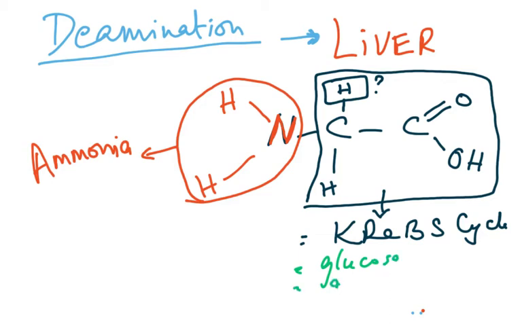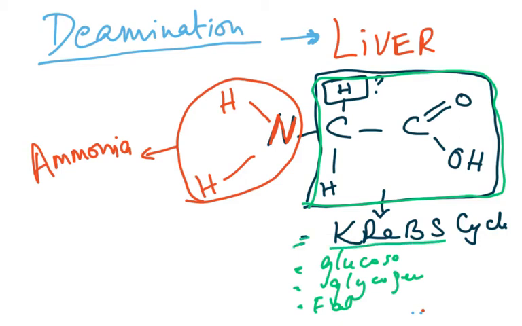Or it can be converted to glycogen, or it can be converted to fat. So this remaining part can either enter the Krebs cycle, or we can convert it into glucose, glycogen, or fat.